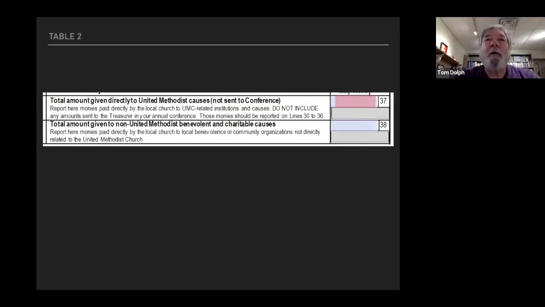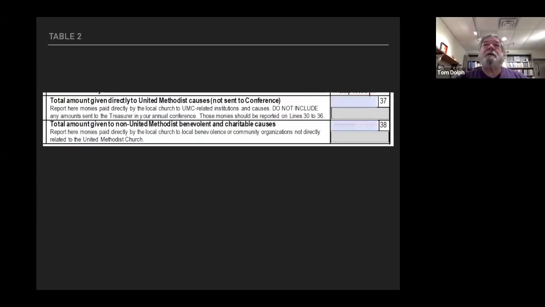For example, if your church sends money directly to the Methodist Children's Home, to Lydia Patterson, to Redbird Mission, to Centenary, any United Methodist affiliated institution that you send directly to them, not through the conference, goes on this line.